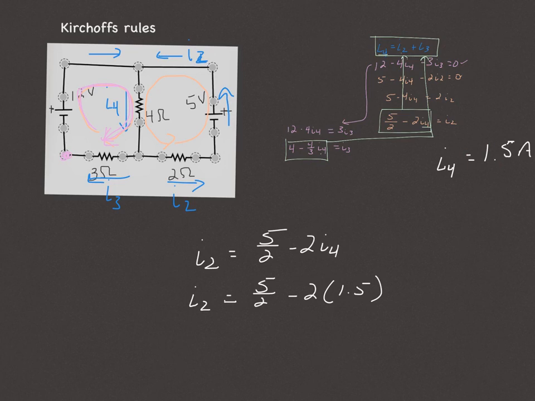All right, I already rewrote the equation for I2, plugged in my 1.5. So I2 is going to be 5/2 minus 3. And that equals 5/2 minus 6/2, which gives us negative 1/2.